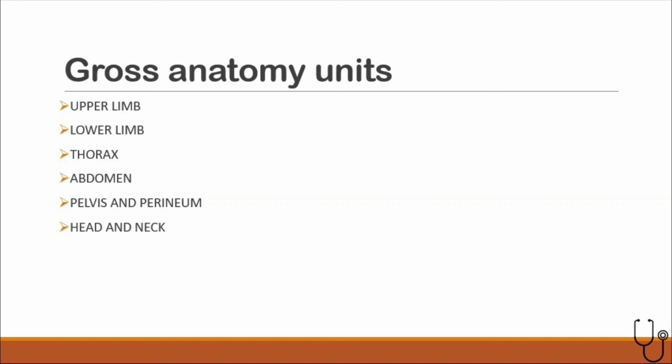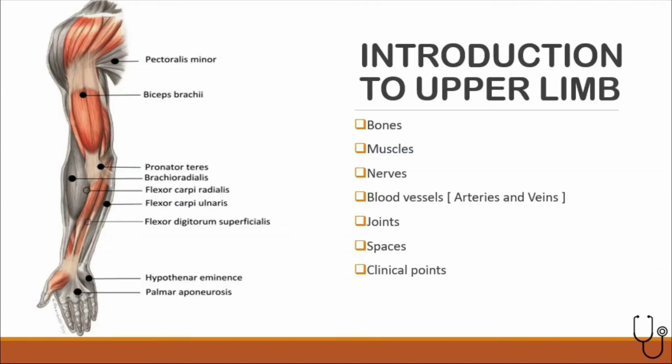Then the introduction to the upper limb. I will give a brief overview of the upper limb. This is the shoulder joint, this is the elbow joint, and this is the wrist joint. Between the shoulder joint and the elbow joint, this part is called the arm. Between the elbow joint and the wrist joint, this part is called the forearm, and this is the hand.